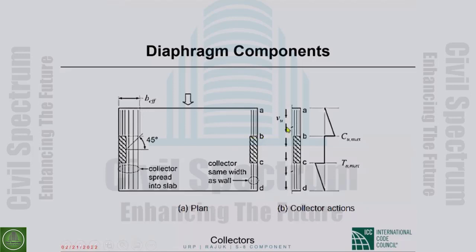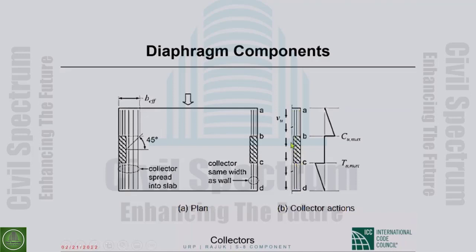So the shears build into a compression force that is transferred to the shear wall, and then on this side we have a high force. Those reinforcing bars are in compression, and on this side they're in tension.